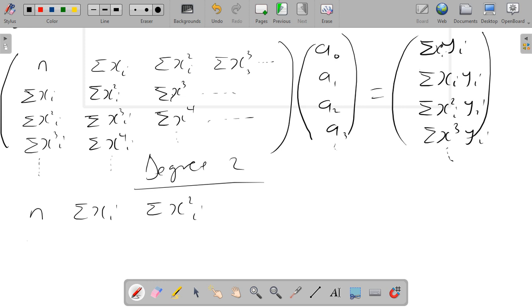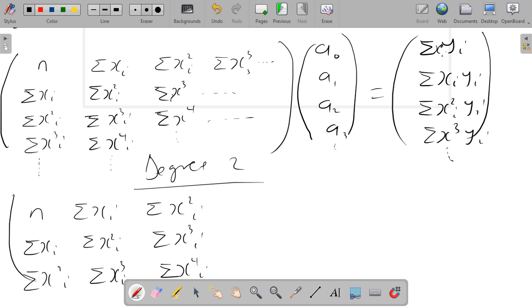The next row will be summation xi, summation x squared i, summation x cube i. The last row will be summation x squared i, summation x cube i, and then finally summation x4 i.